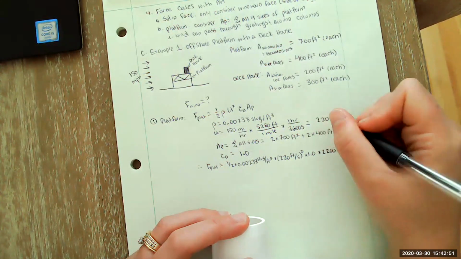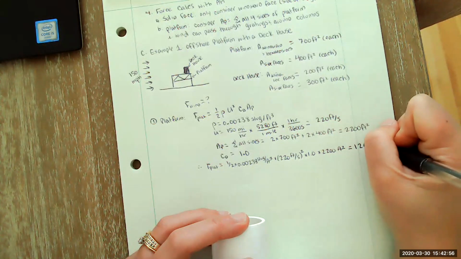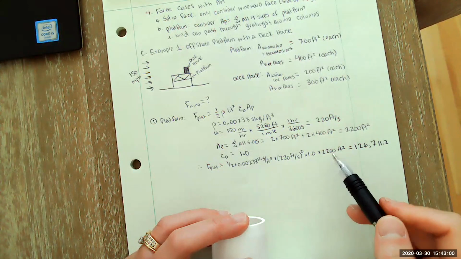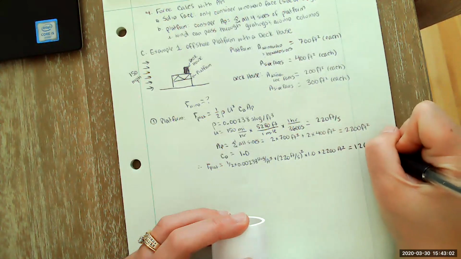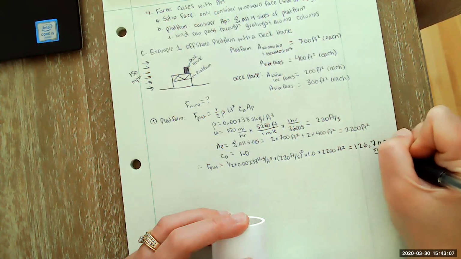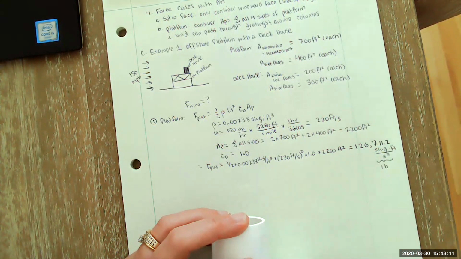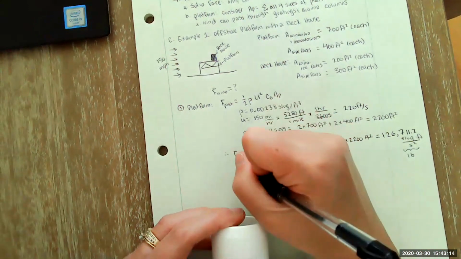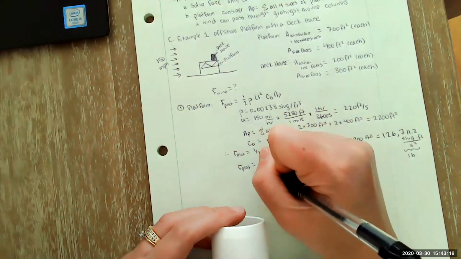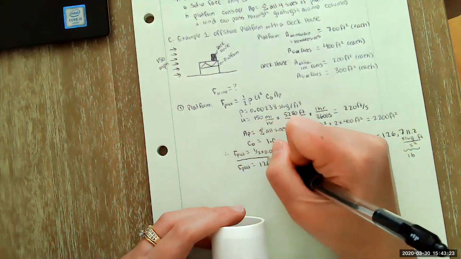This comes out to be 126,711.2. If you track your units here, you're going to end up with slug times feet per second squared, which is equal to a pound force. So therefore, the force on my platform is equal to 126.7 kips.